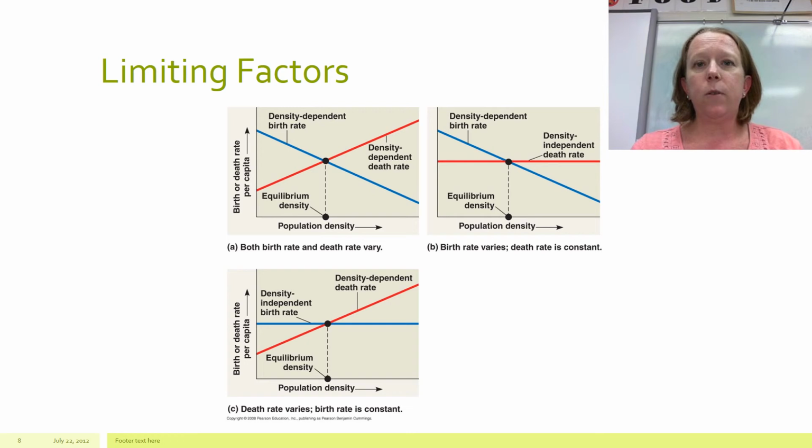When the sand shifts, the roots are exposed and the plant dies. So that's density independent, whereas its birth rate is under density dependent control, because as resources become less available, the birth rate will fall. And so you can see in these graphs here, it can be controlled by one or the other, or a combination of both.